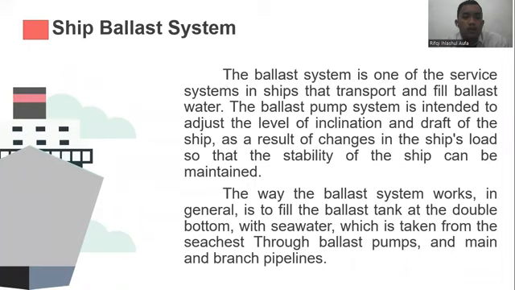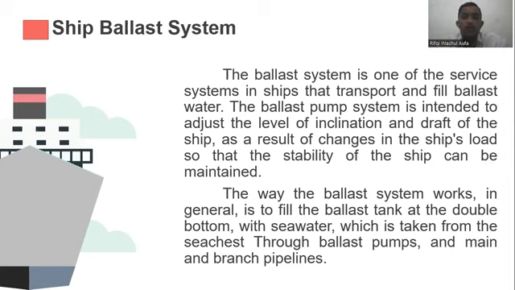And next slide, ship ballast system. The ballast system is one of the auxiliary systems in ships that transports ballast water. The ballast pump system is intended to adjust the level of inclination and draft of the ship as a result of changes in the ship's load so that the stability of the ship can be maintained.